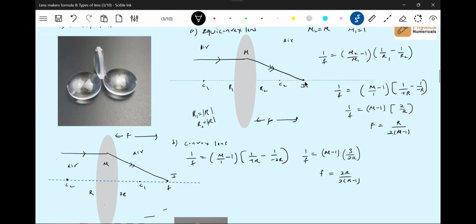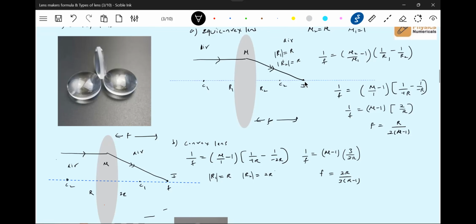This is a convex lens. That was the equiconvex. If both the radii are equal, then it is called an equiconvex. Here the radii are different. There is a converging lens.